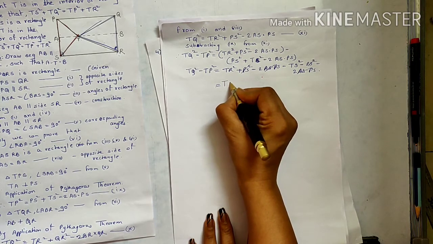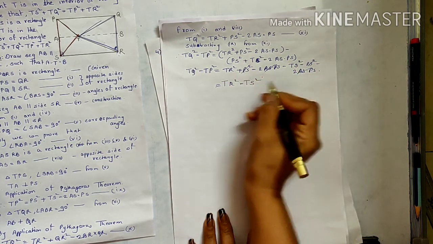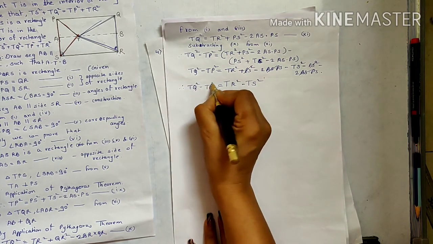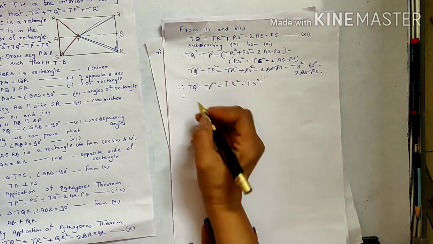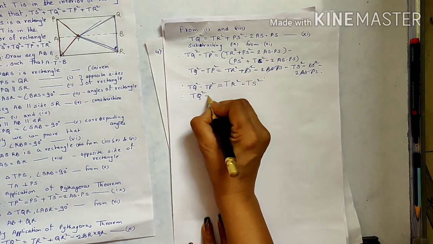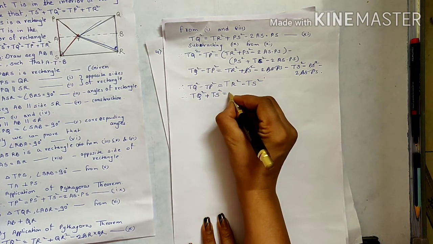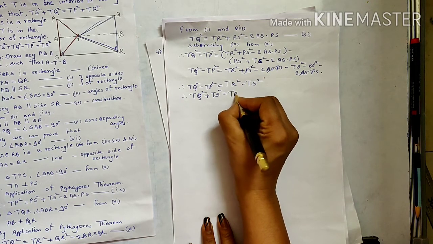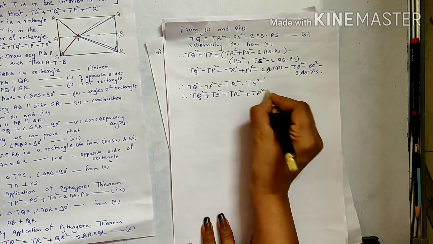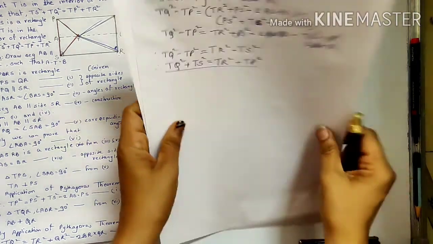So what will remain here? TR square minus TS square, and this side TQ square minus TP square. Now bring TS to this side, so it will become positive: TQ square plus TS square is equal to TR square plus TP square, and this we have to prove. Hence it is proved.